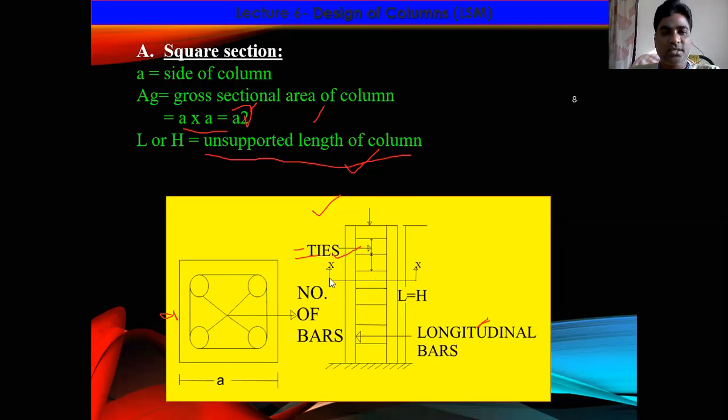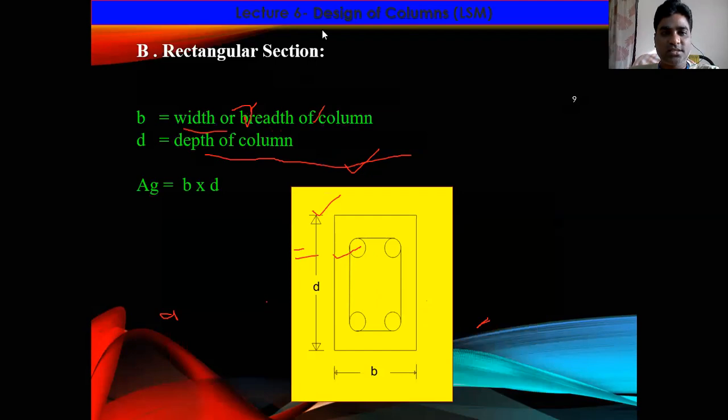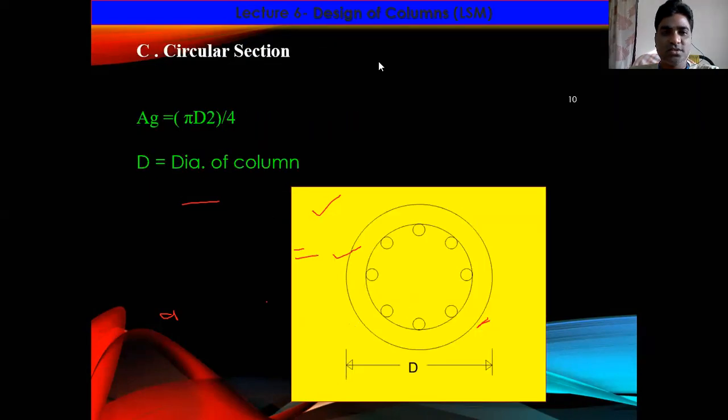Next is the rectangular section of area B times D. And this is your circular section, a very important section. We will have a good discussion on the circular column. There are some specific codal provisions, and the area of the circular column is pi d square by 4, where d is the diameter.